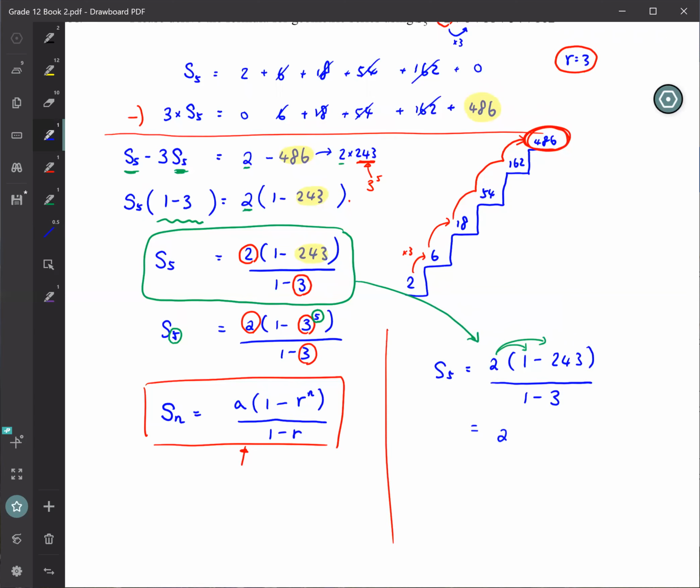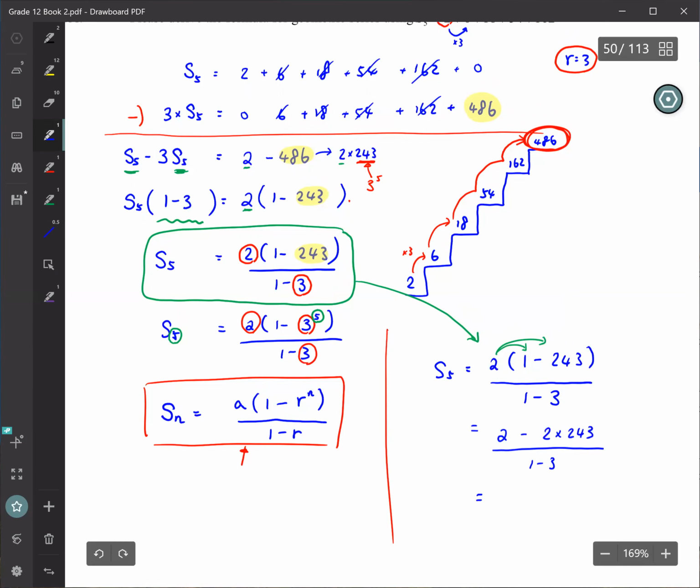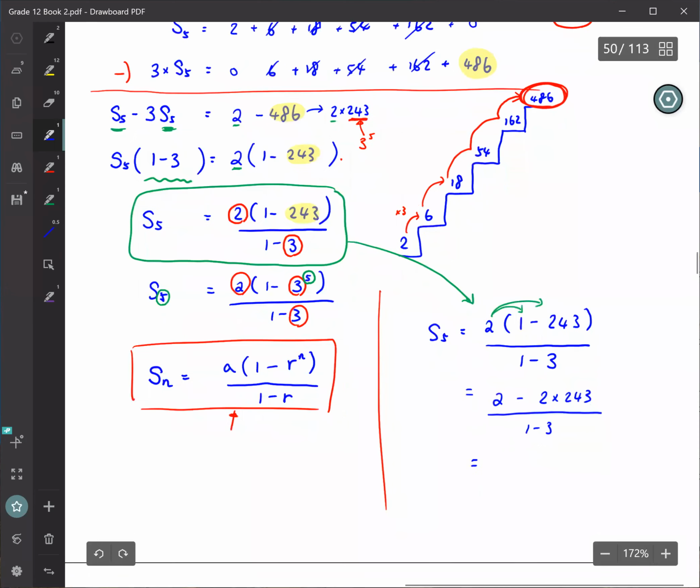So 2 minus 2 times 2, 4, 3 over 1 minus 3, right? Okay, and then I'm going to make a little adjustment here again, okay?